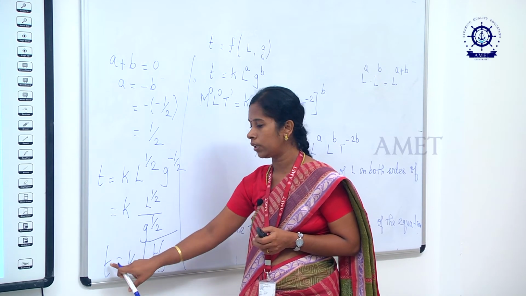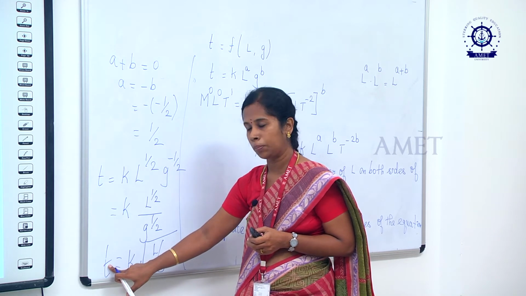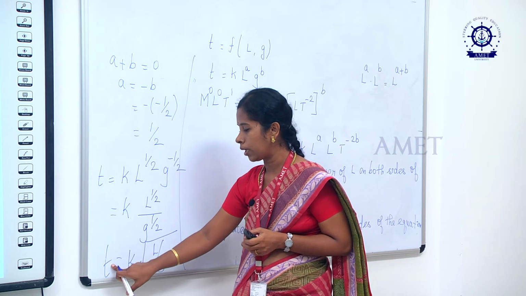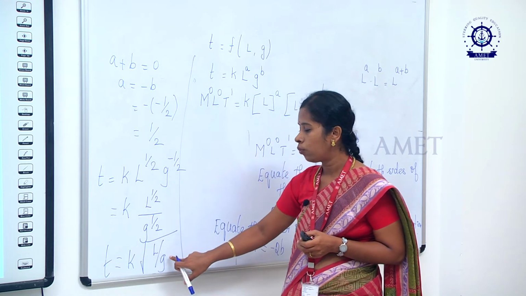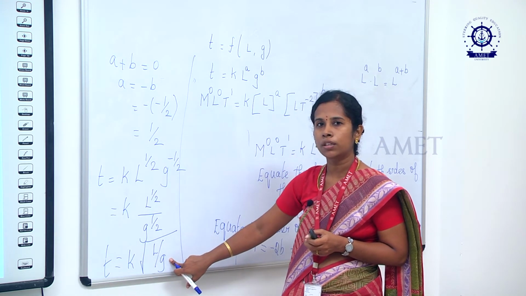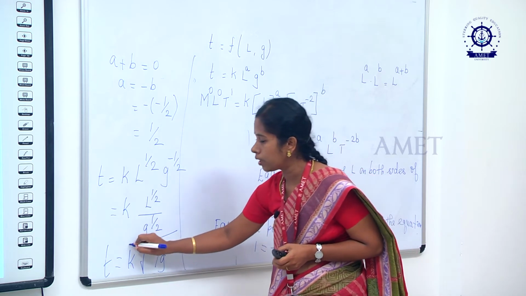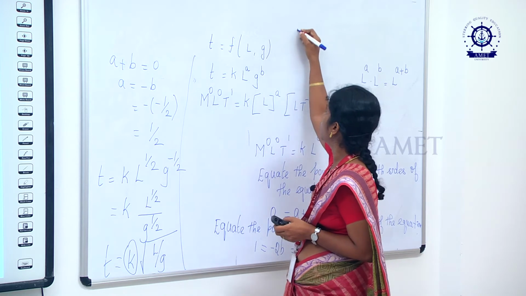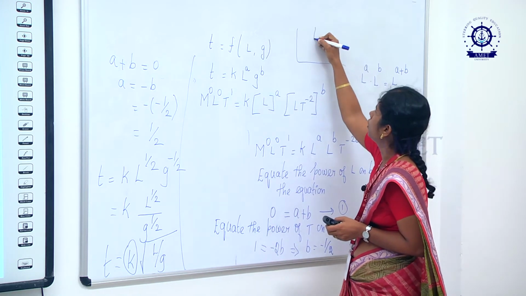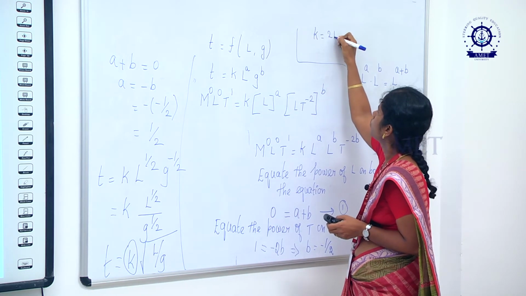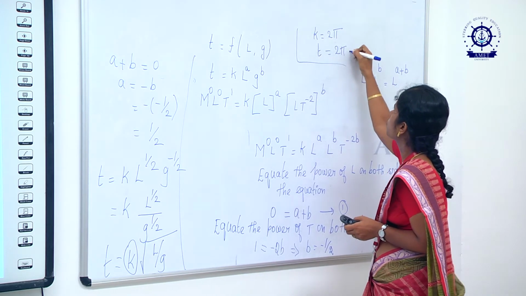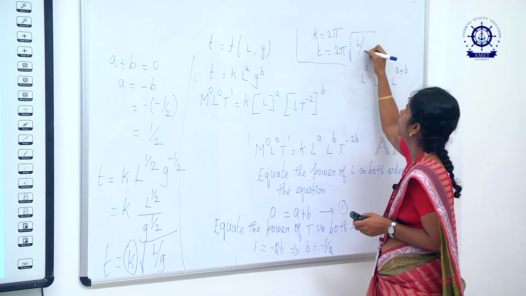Now, we have found that it is dependent on square root of the length, and on 1 by square root of the acceleration due to gravity. This k value we can take out from the experiment, and normally the k value will be 2 pi. So, you can say t is equal to 2 pi square root of L by g.